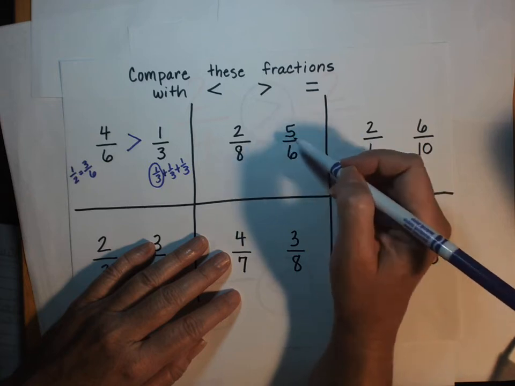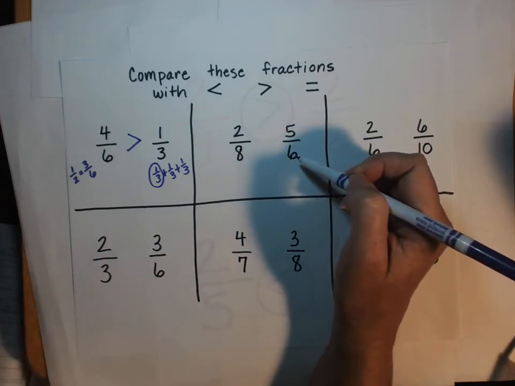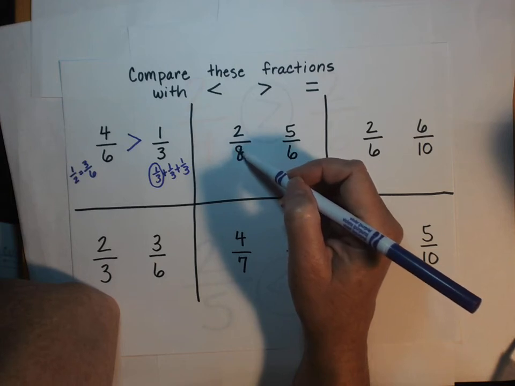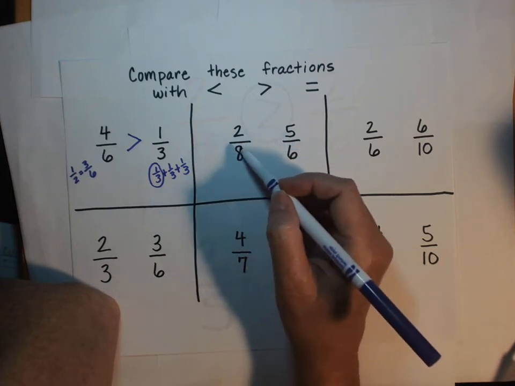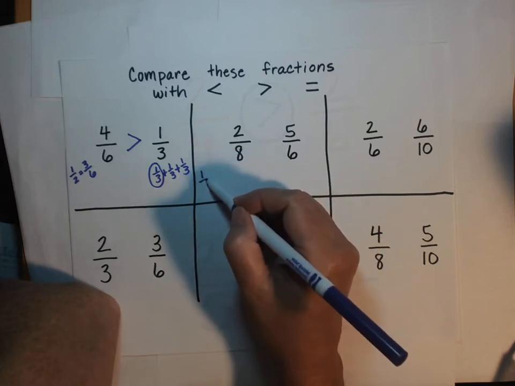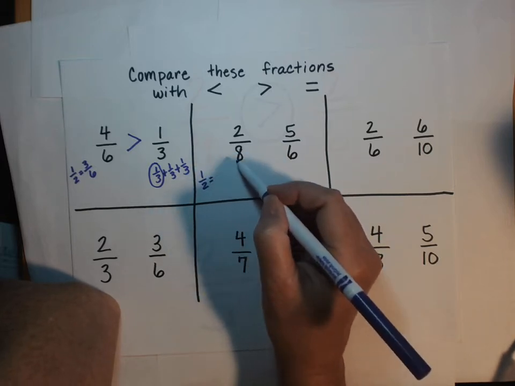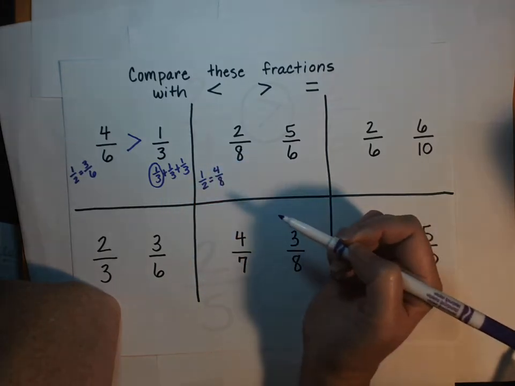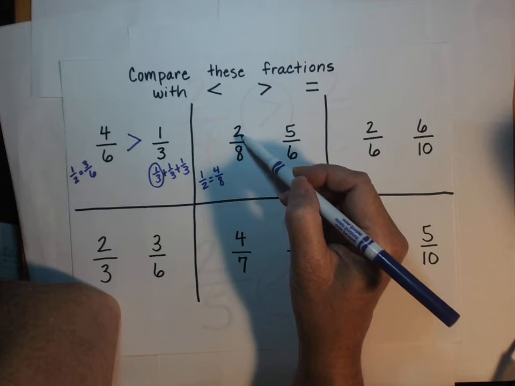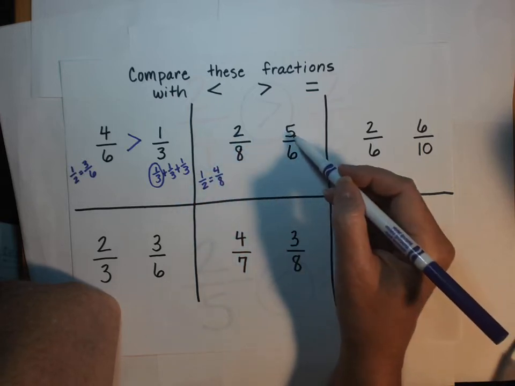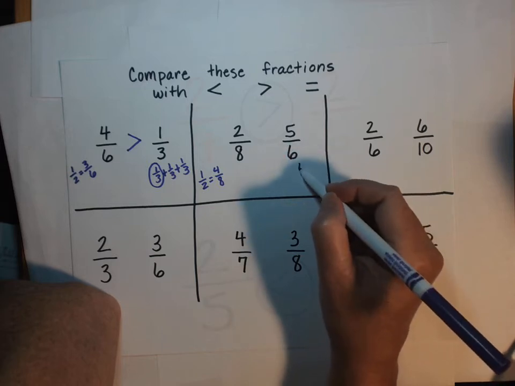2/8 compared to 5/6. Okay, where would a half be if I had eighths? What is half of 8? 1/2 equals, half of 8 is 4. So it would equal 4/8. So that tells me 2/8 is less than a half. 5/6.